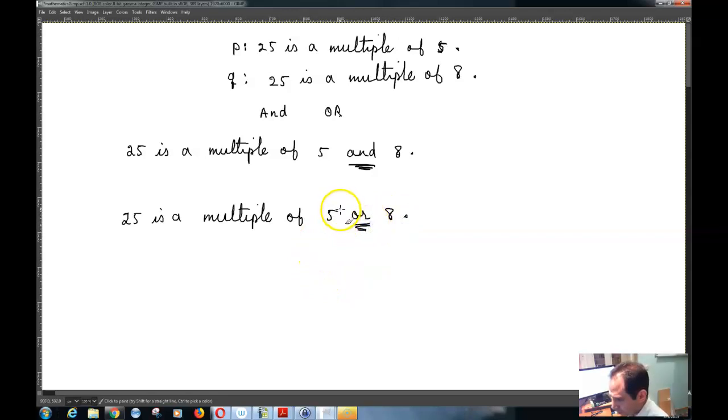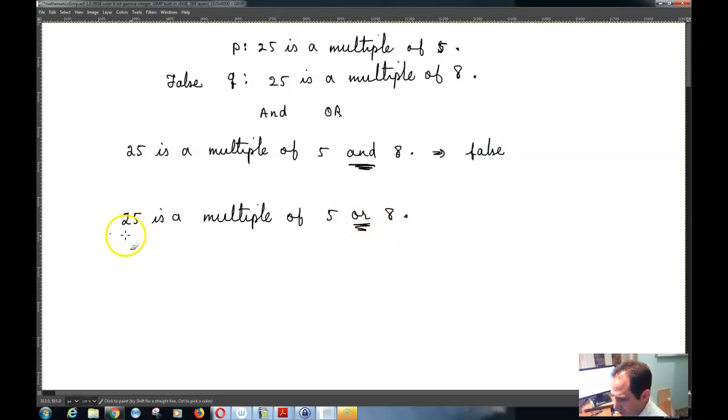Of course, in the case of this compound statement, one of the component statements is false. Since one of them is false and you're using and, the compound statement is false.